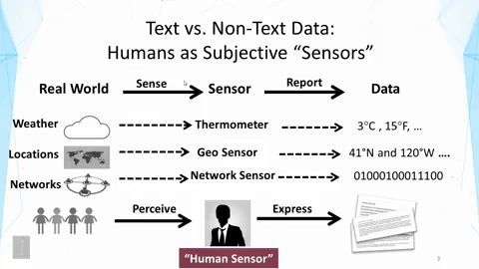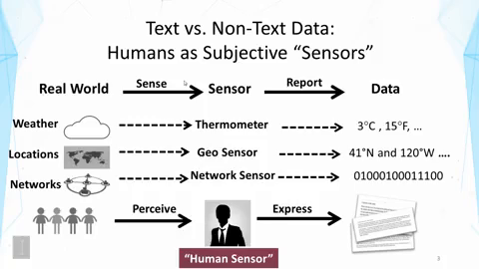Similarly, we can think of humans as subjective sensors that would observe the real world from some perspective, and then humans would express what they have observed in the form of text data.